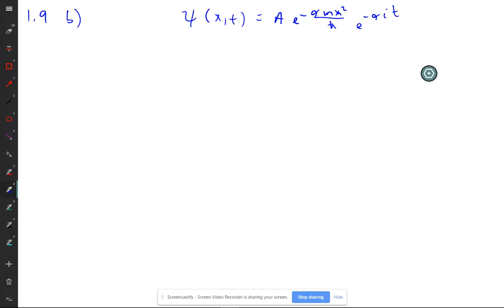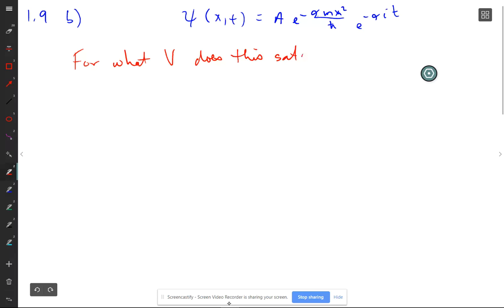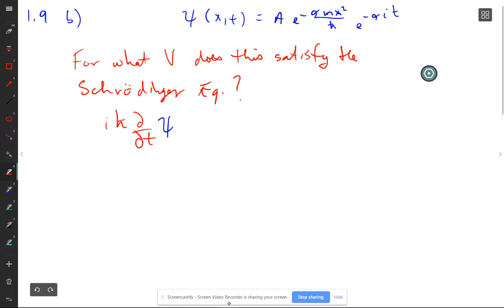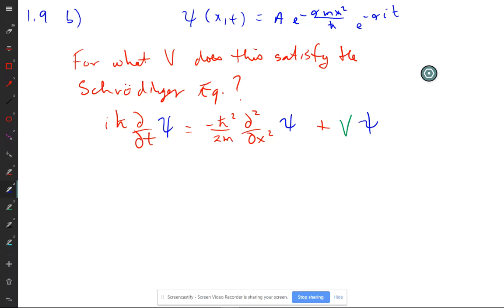And so we're asked to find B. Okay, so there I've used nifty color coding so that we have things separated.